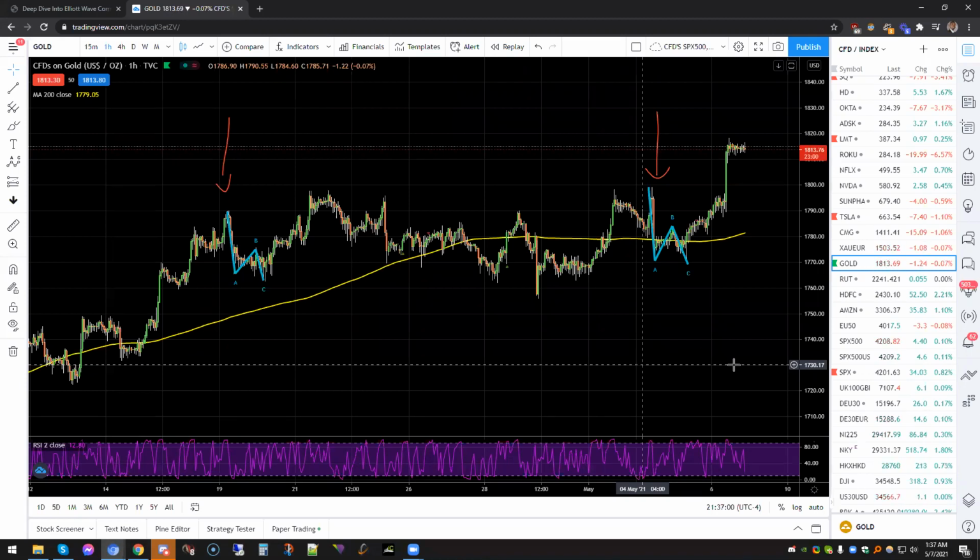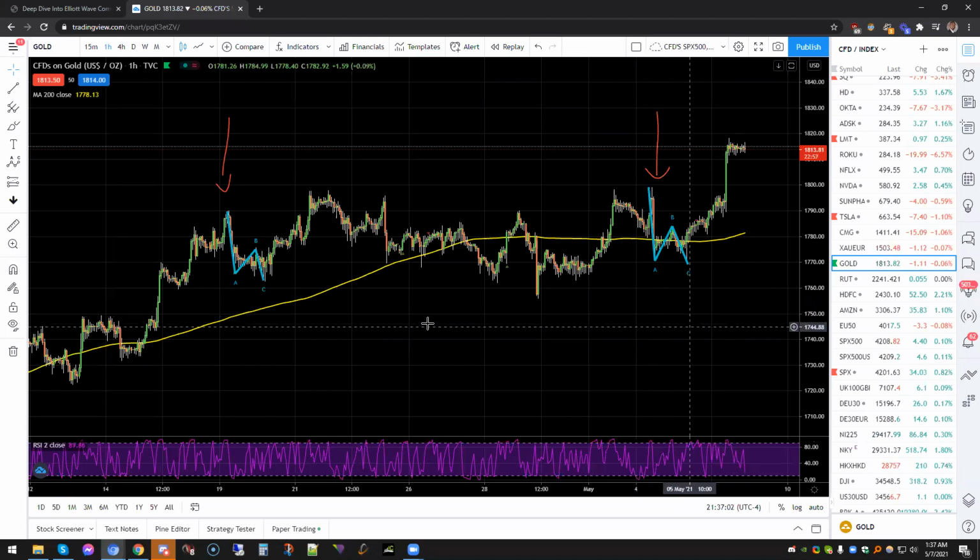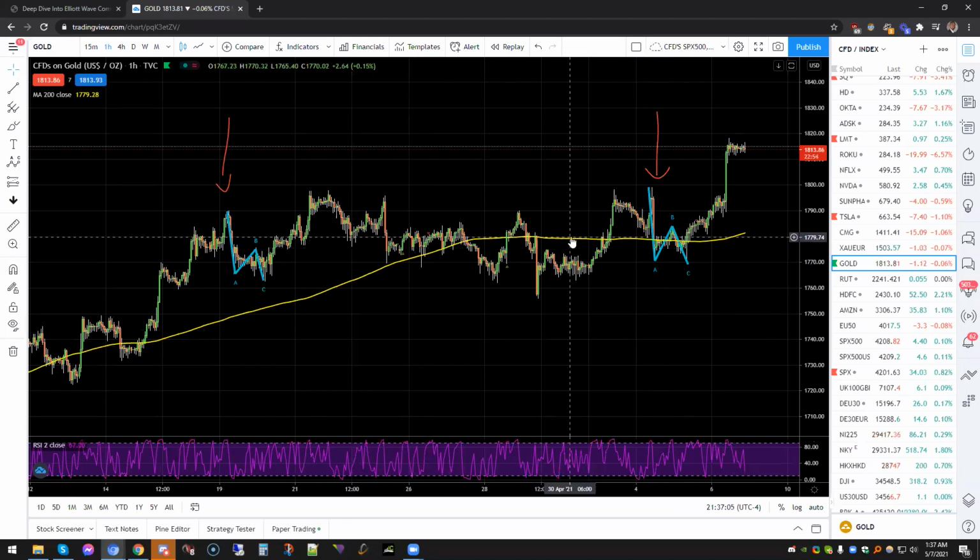Good, good. All right, so it's just a matter of understanding that the market is very fractal. Now, you may look at this type of wave and it may not be very common on another instrument, but it's one that is common on gold, right? So here's another one right here.